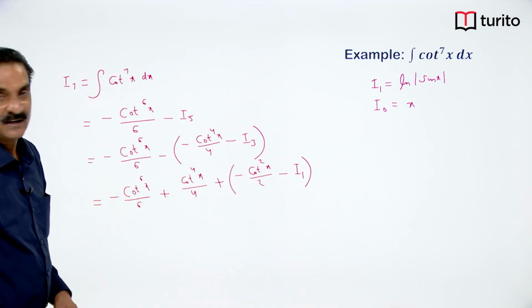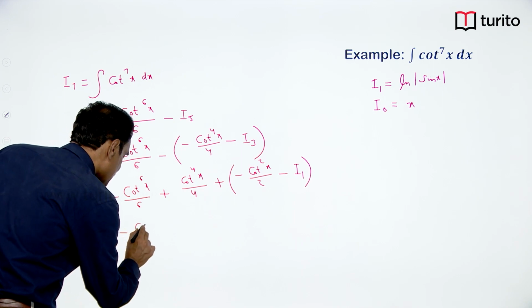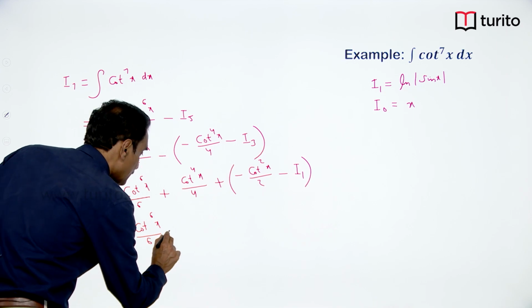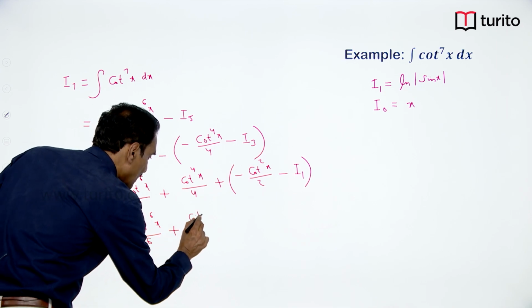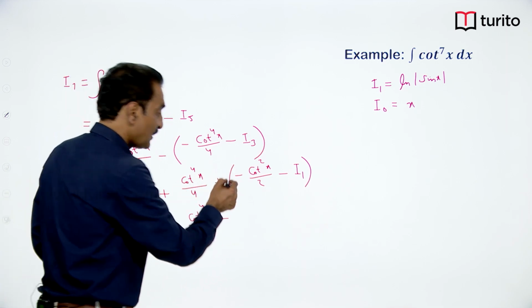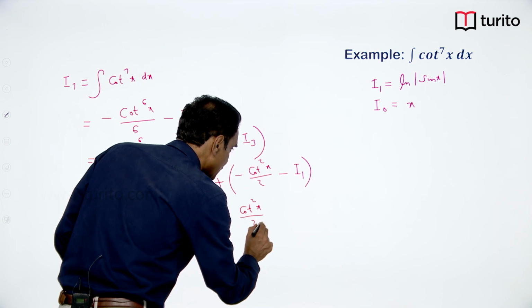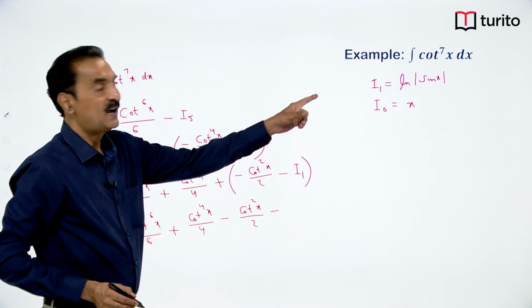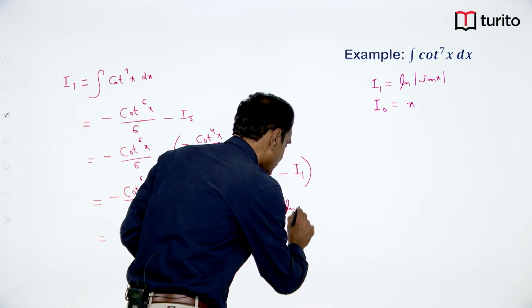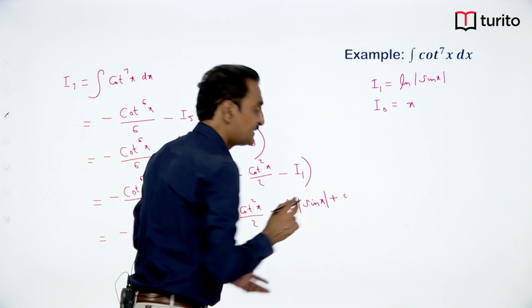Now, substitute I1 here, we get minus cot power 6x by 6 plus cot power 4x by 4 minus cot square x by 2 minus I1. I1 is log mod sin x. Plus c.